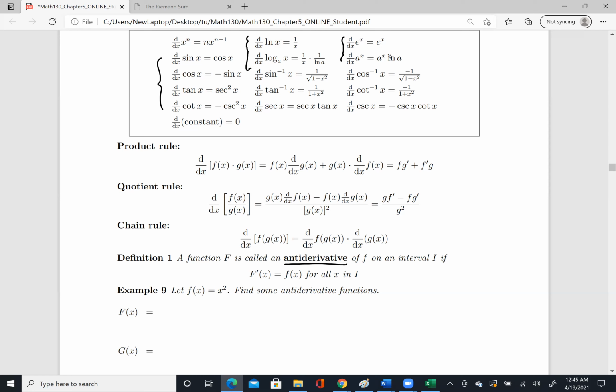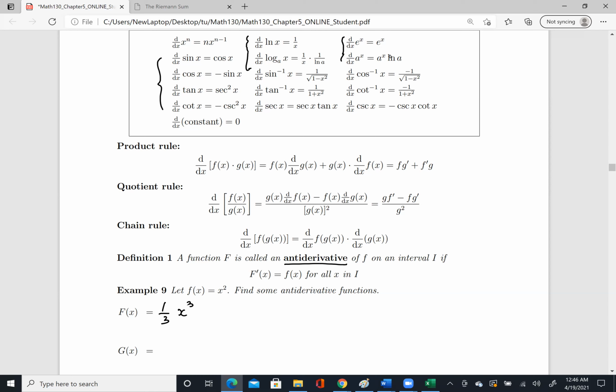I will think about something multiplied by x cubed, because when I take the derivative of x cubed, I will get x squared, but I still have the 3 in front of it. So in order to get rid of it, you need to multiply by 1/3, right?